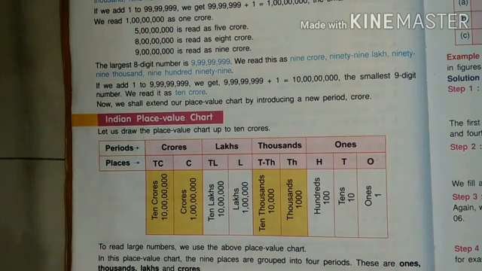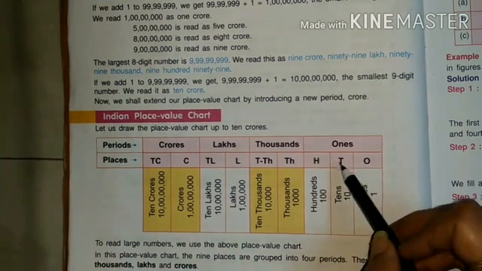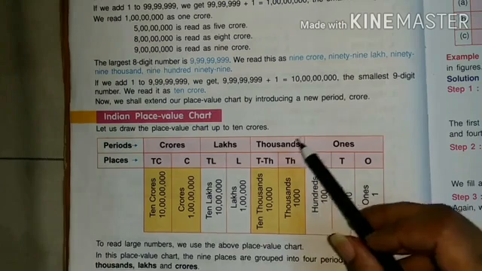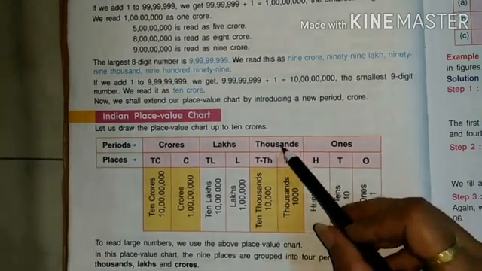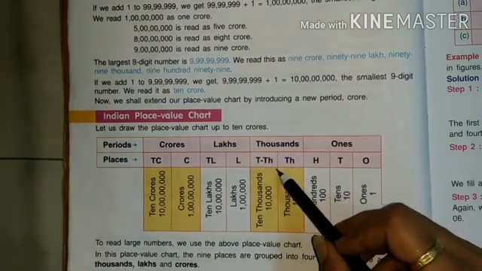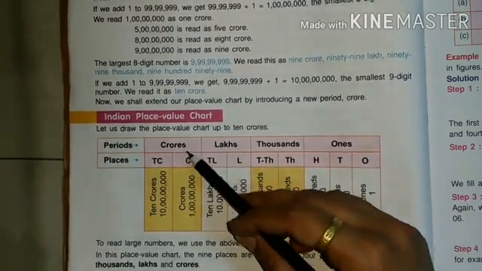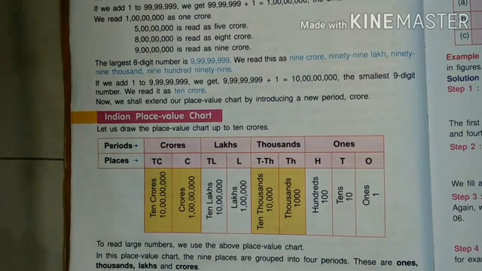From here you can see, to read large numbers we use the above place value chart. In this place value chart, the 9 places are grouped into 4 periods. Ones, in ones there are ones, tens and hundreds, then thousands. In thousands there is thousand and 10,000, then lakhs, lakh, 10 lakh, then crores, crore, 10 crores.